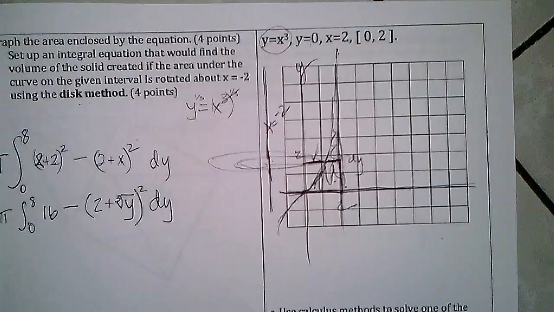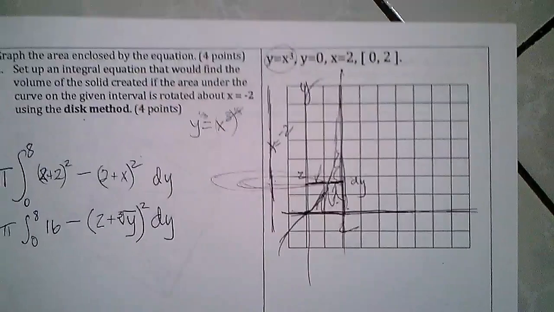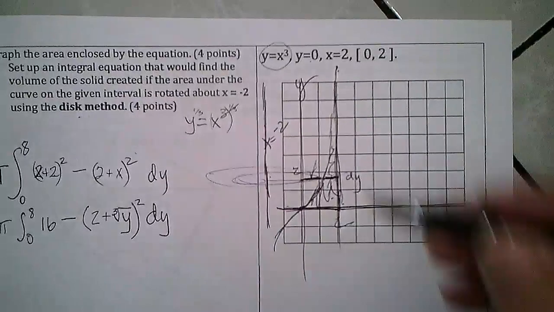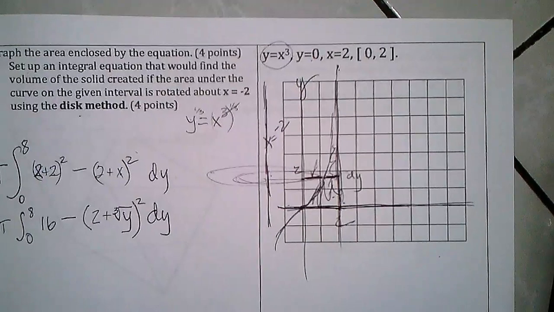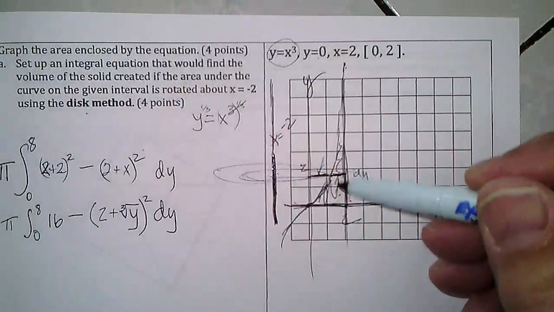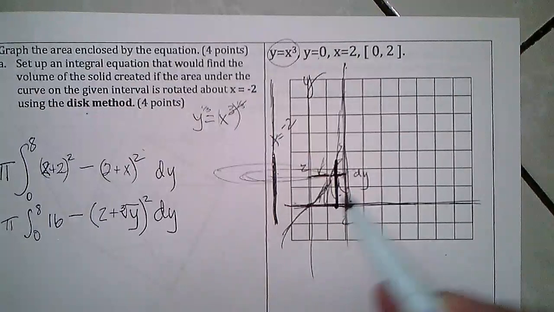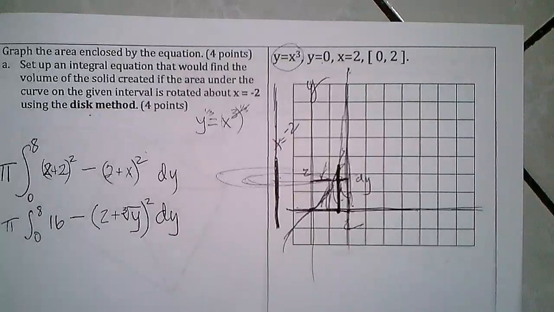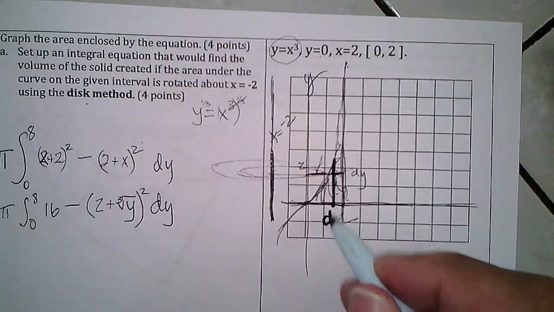Now, let's set up the shell method. Now, if I'm doing the shell method on this, I'm going to make a slice parallel to the axis. The axis is over here. If I make a slice parallel to it, it's going to have a thickness that's dx.